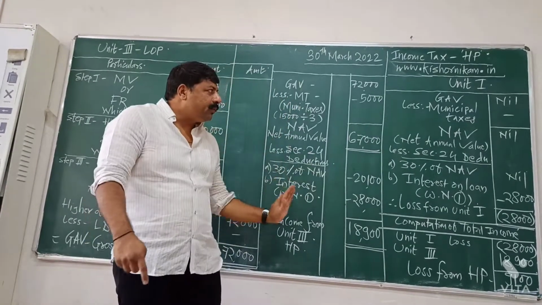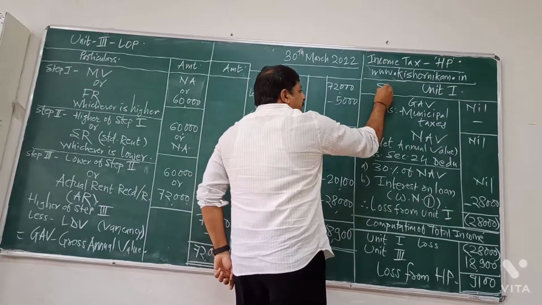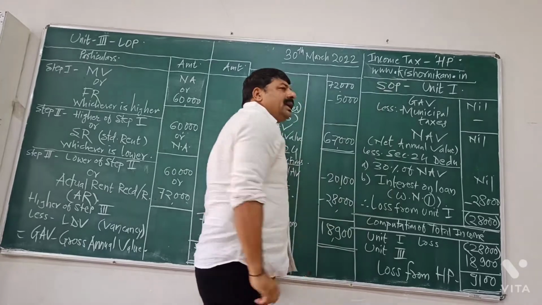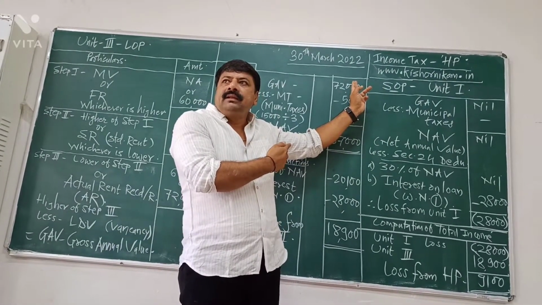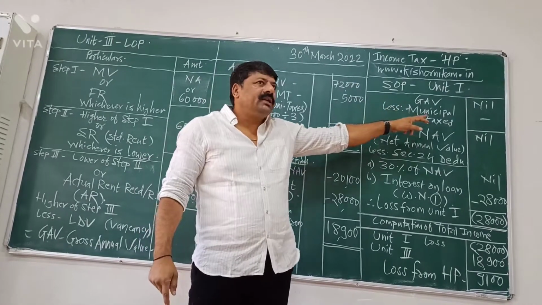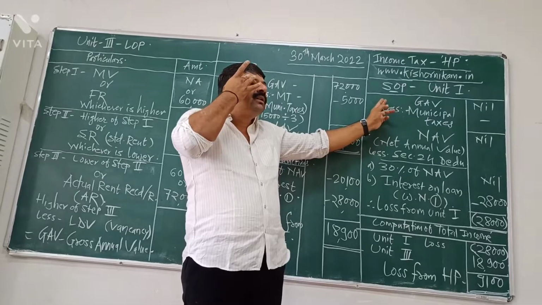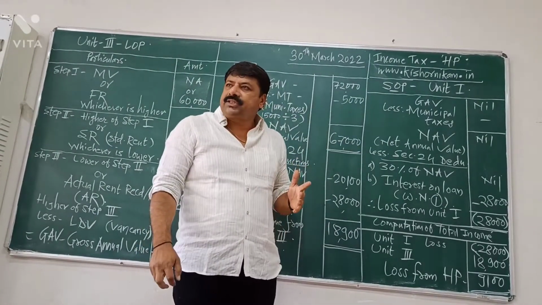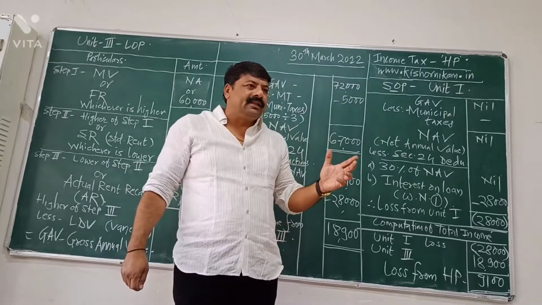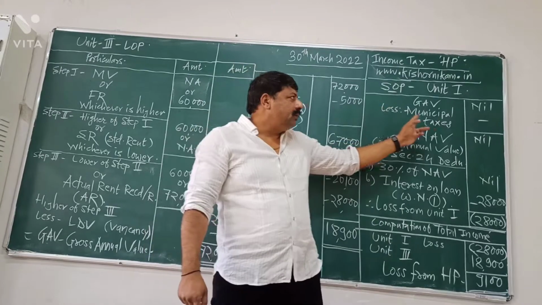Okay. Come to unit 1. Unit 1 is self-occupied property. It is not let out. When the property is self-occupied, the gross annual value is nil. And it is specifically given to you that Mr. Ashok has not opted for the new tax regime under section 115BAC. So we will calculate as per normal procedure. Gross annual value is nil.